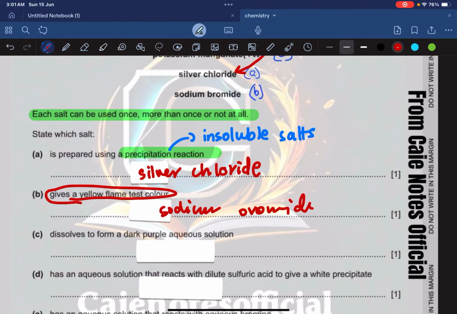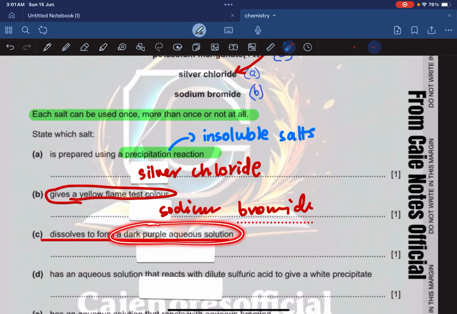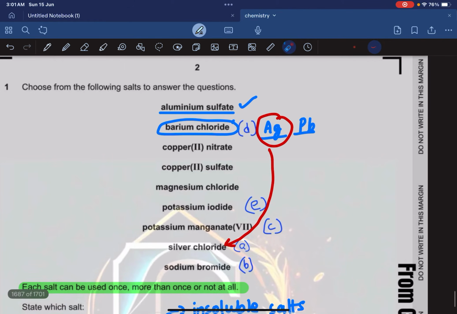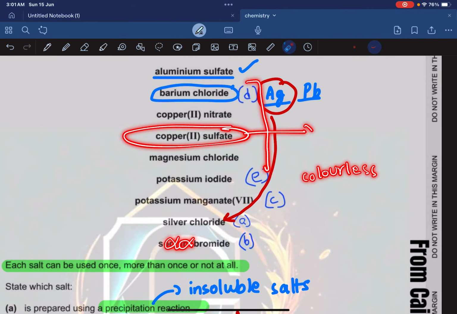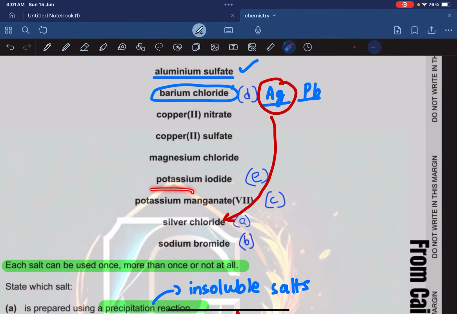Moving on. Dissolves to give a dark purple aqueous solution. First of all, you should know that all the group 1 salts and group 2 salts give colorless solutions. So this sodium salt is going to be colorless, and many salts are going to be colorless. This copper 2 sulfate is going to be blue in color, but purple is a distinct color that we know for potassium manganate VII.